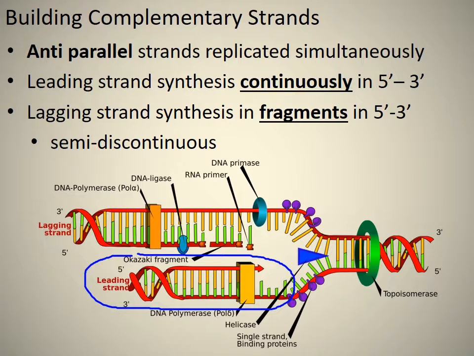RNA primase added the RNA primer at this specific origin, and DNA polymerase 3 attached to the primer and is now building a complementary strand towards the replication fork, synthesized in the 5' to 3' direction. As helicase unwinds the strand, we can see that the leading strand is built towards the replication fork.